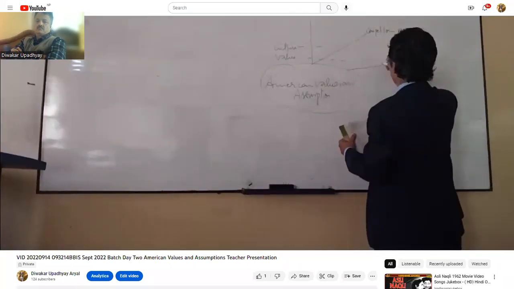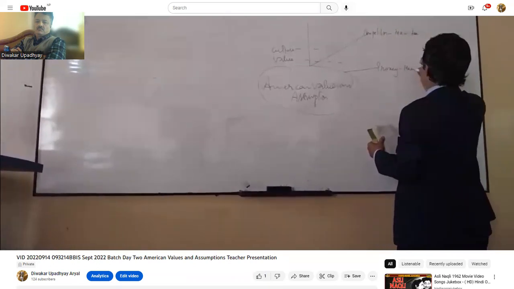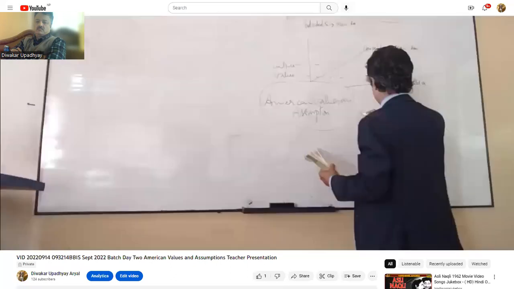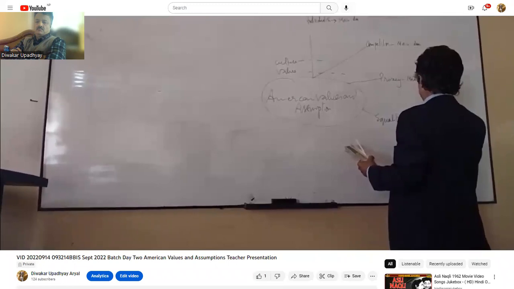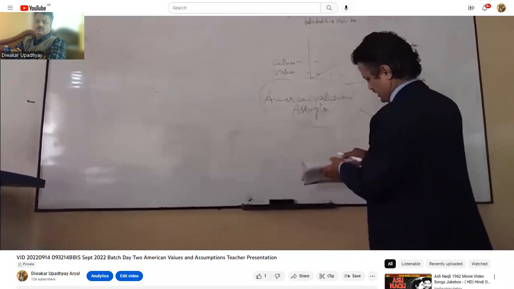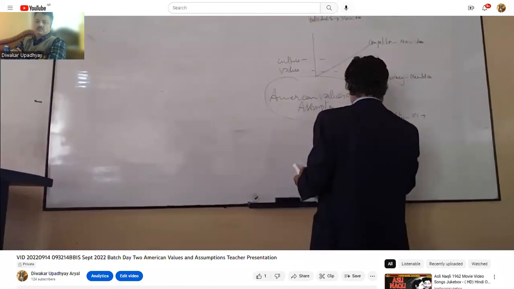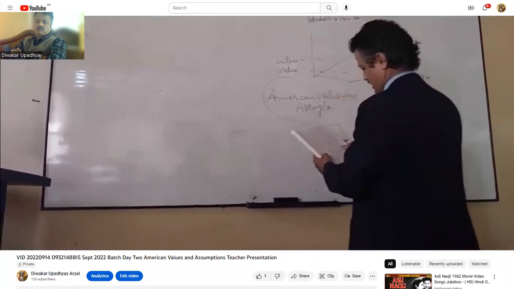Draw an arrow and write primacy and write main idea. Then equality and write main idea. Then informality and write one idea.